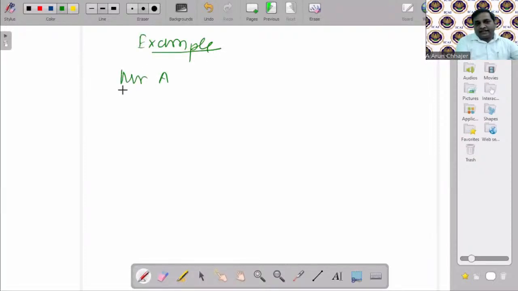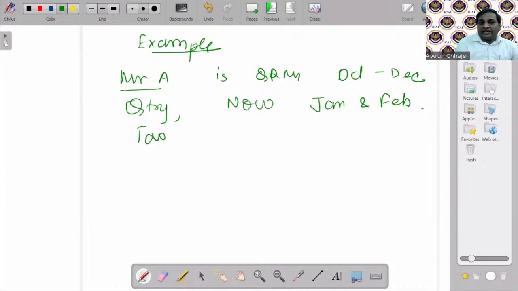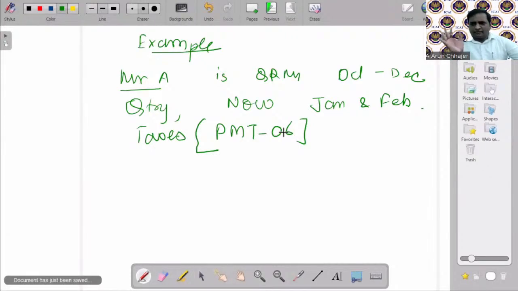Assume Mr. A is QRMP in the October to December quarter. Now he is asking for January and February, how much tax he needs to pay in cash through PMT 06. I am just explaining with some detail.